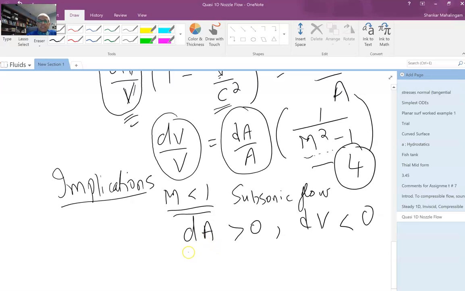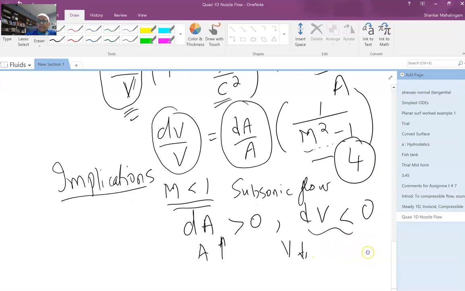Now what does dA positive mean? dA positive means as I move downstream, the area of cross-section is increasing, so dA is greater than 0. And if dv is less than 0, it means the velocity is decreasing, right? So as the area of cross-section is increasing, the velocity will decrease.